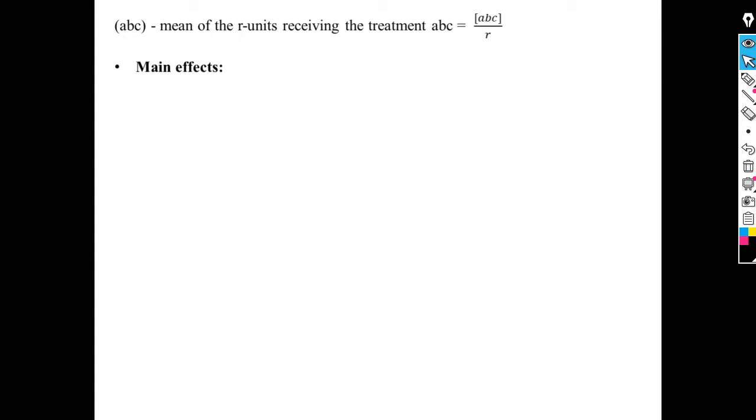Next are the notations for main effects and interaction effects in a 2 cube factorial experiment.